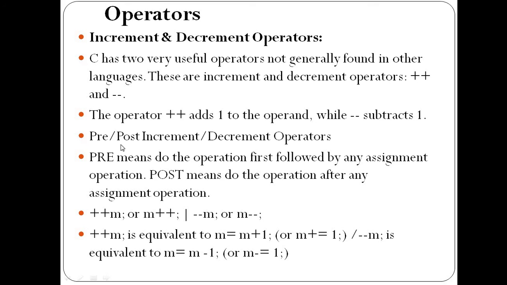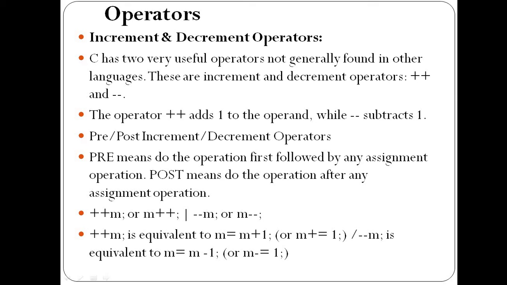It is also called the pre and post increment and pre and post decrement operator. So let us see what the concept of pre and post is. Pre means do the operation first, followed by any assignment operation, and post means do the operation after any assignment operation. So pre means do the operation first and then assign the value, and post means first assign the value and then do the operation.